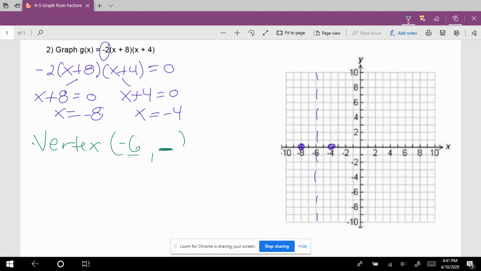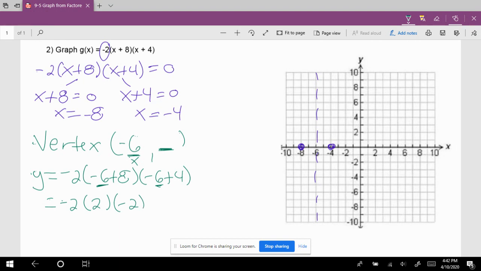So I take my x value and plug it into the function. y equals -2 times (-6 + 8) times (-6 + 4). Again, replacing all the x's with -6, and then evaluating it. We get 2 and -2, which gives me -2 times -4, which is positive 8.